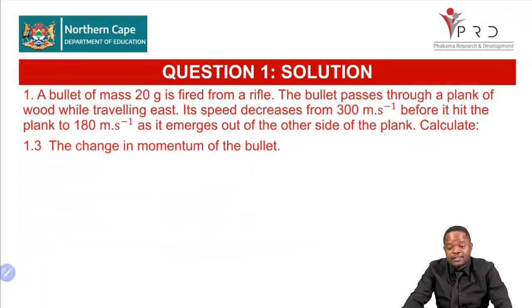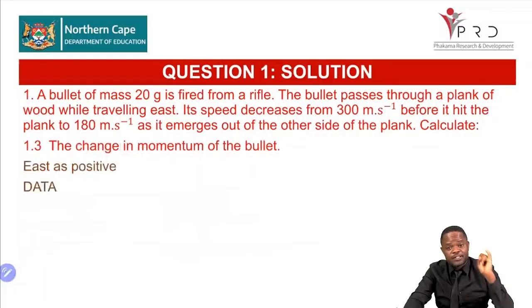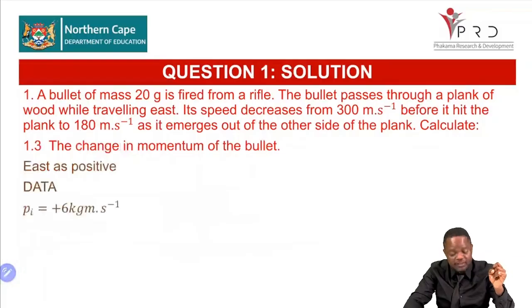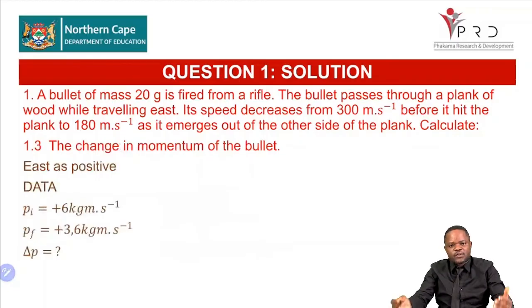And then the change in momentum of our bullet, we remember well that change in momentum is equal to the final momentum minus the initial momentum. Already in our part one, we calculated the initial momentum to be a positive 6 kilogram meters per second, and our final momentum was a positive 3.6 kilogram meters per second. Therefore, what is our delta P?